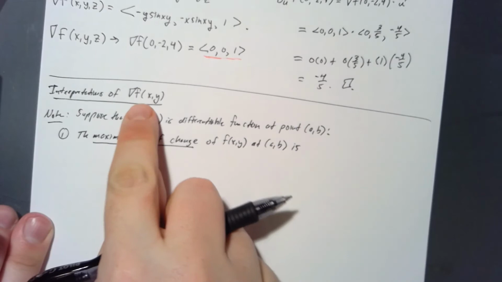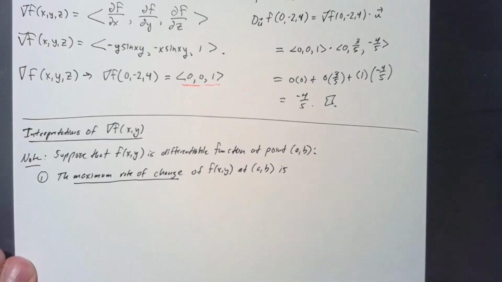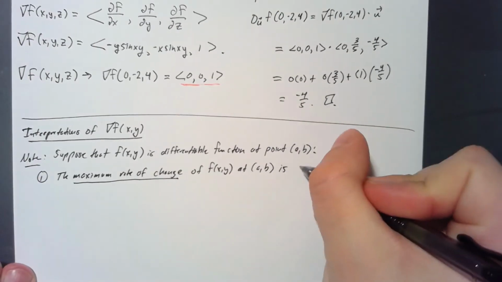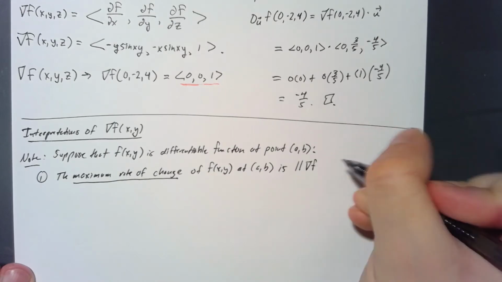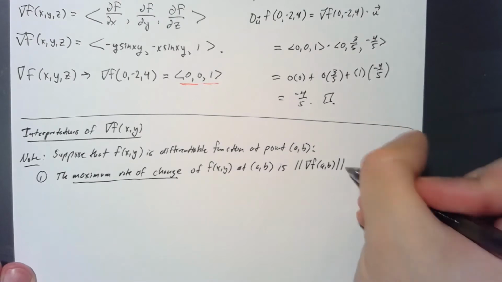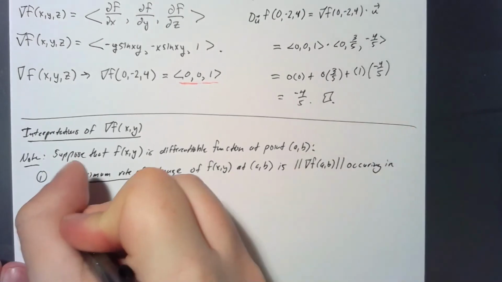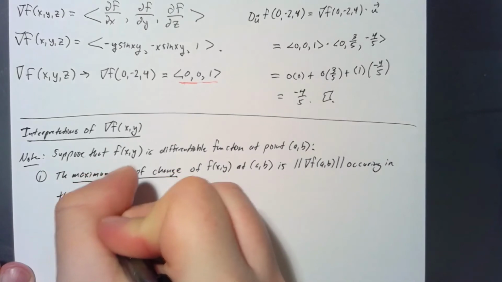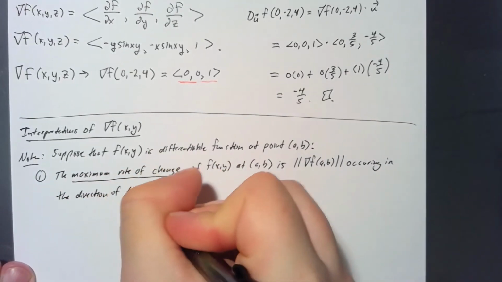is the magnitude of this. That's interesting. So it's going to be the magnitude of the gradient at the point (a, b), occurring in the direction of the gradient.